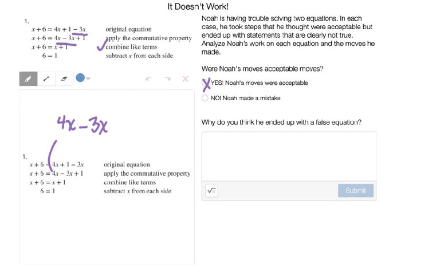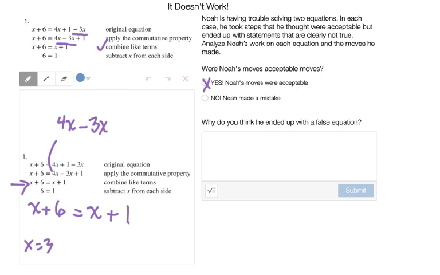But why did he end up with a false equation? Well, I want you to go back right here and look there. How can I have the same value of x and add 6 to it on one side and make that equal to just adding 1? It doesn't work. Remember, if x is equal to 3, it's going to be the same on both sides.